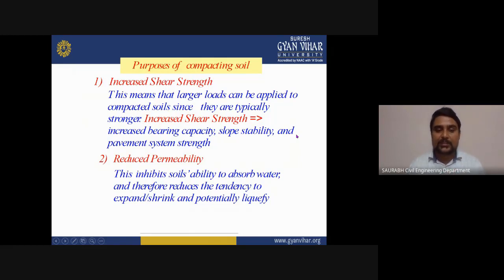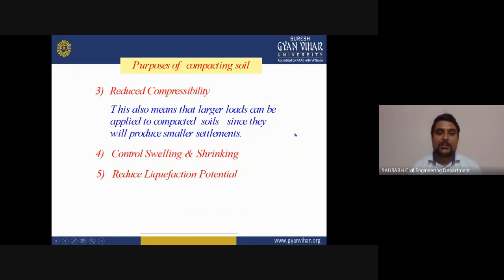The second point given here is reduced permeability, and this inhibits the soil's ability to absorb water and therefore reduces the tendency to expand, shrink, and potentially liquefy. And here you can see reduced compressibility.